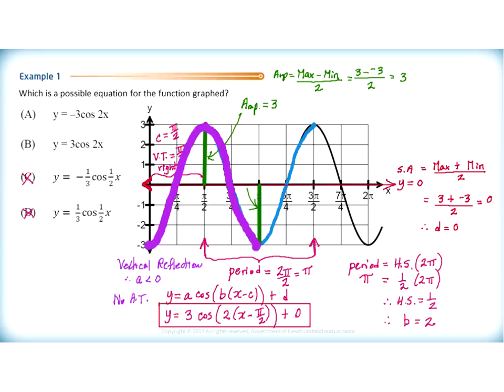So in this case, you could come up with another equation in terms of cosine to be y equals a negative because of the vertical reflection. 3 is the amplitude of the graph. We're dealing with the equation in terms of cosine multiplied by a horizontal stretch of a half.